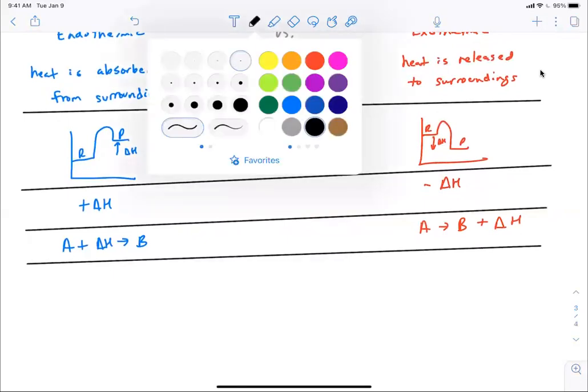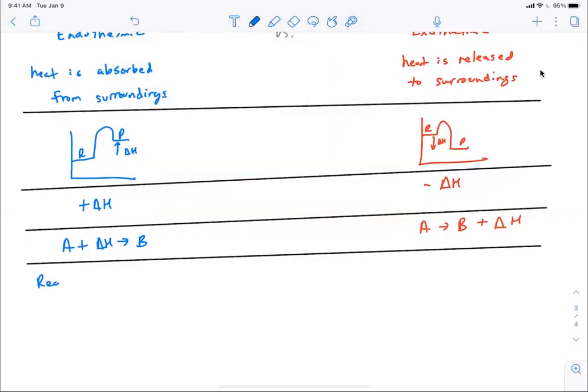What that also tells us is reactants have lower energy than the products. So that means the reactants are more stable.